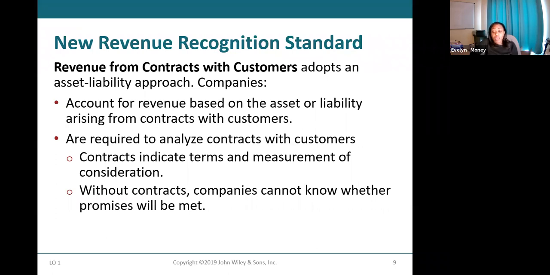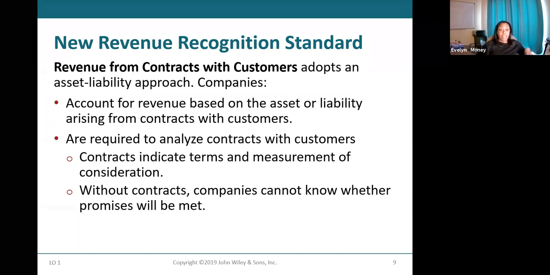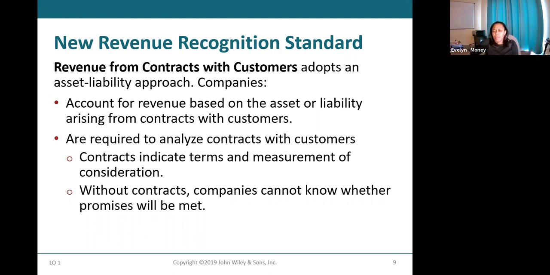Rather than focusing on whether the earnings process is complete, we now look at it from an asset or liability approach. Rather than focusing on the revenue itself, we look at the asset or the liability that arises as a result of the earnings process being complete. So what are the assets and liabilities that arise from those contracts?